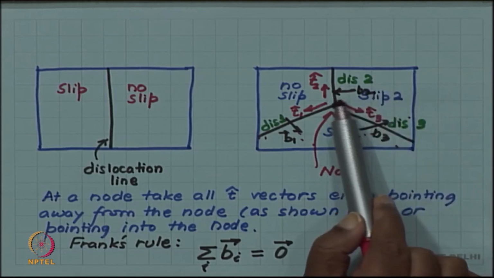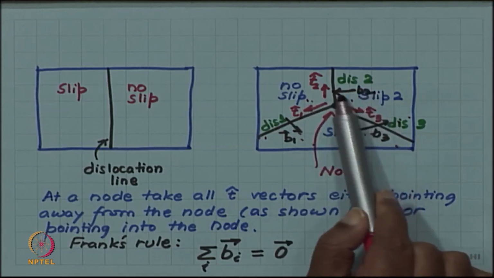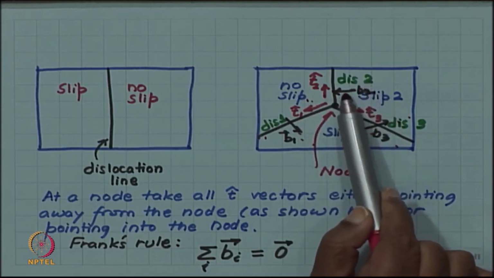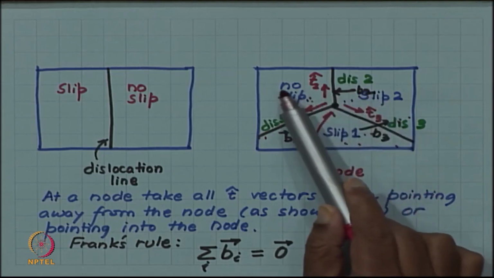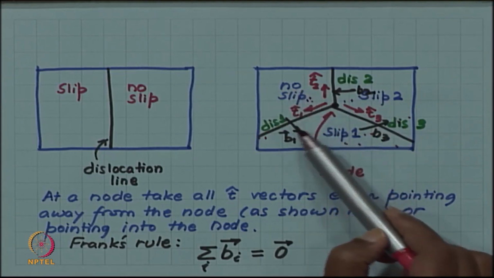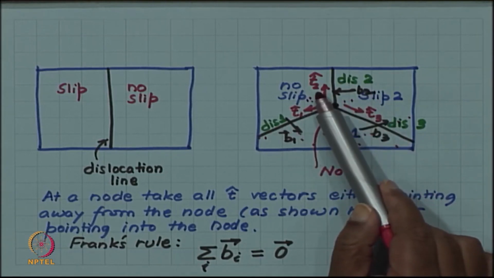Now, when I cross from this region to the no slip region, I again undergo another slip which is equal to the amount B2. So, when I come back to the original no slip region, I have undergone slip B1 plus slip B3 plus slip B2.